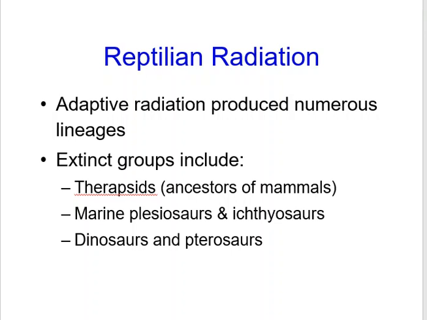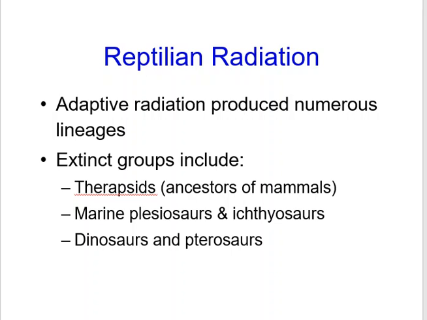So when they arrived to the inner land, they didn't have any predators. There was nobody there basically before them, and they had lots of resources available. When a situation like that presents, you have an explosion of species. The group becomes very successful. We call that explosion of species adaptive radiation.